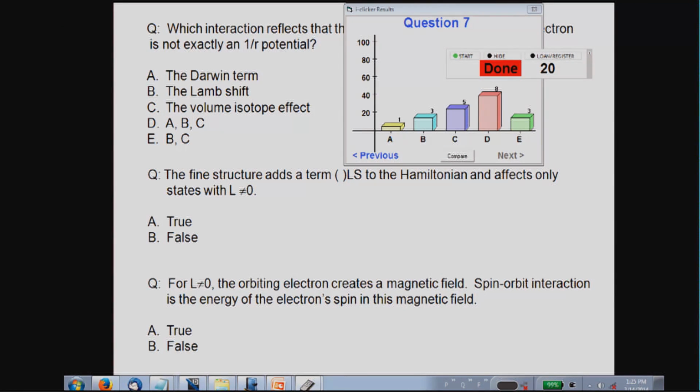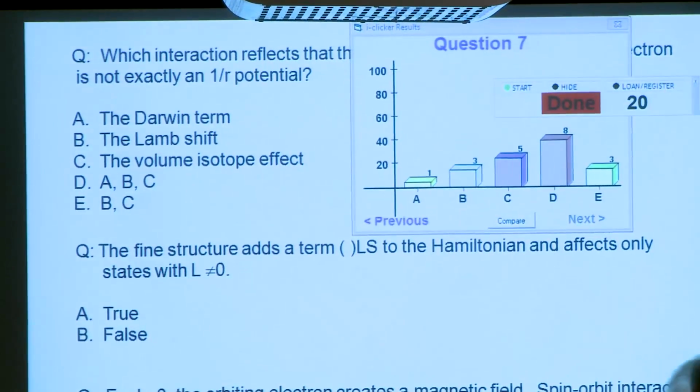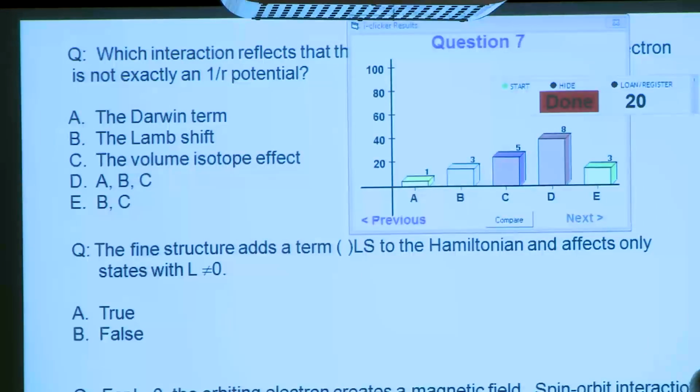Okay, we have 3 choices. The volume isotope effect, I think, is a no-brainer, is trivial. It means explicitly that the nucleus is not a point, it has an extended volume, and that means inside the nucleus the electron is not experiencing a 1 over r potential. So it's clear that C is always correct.